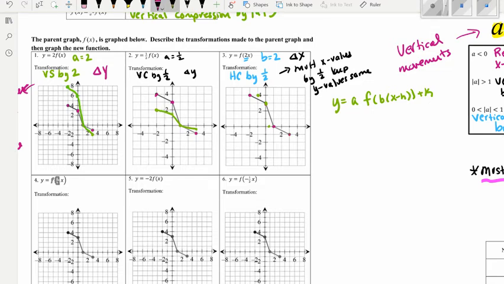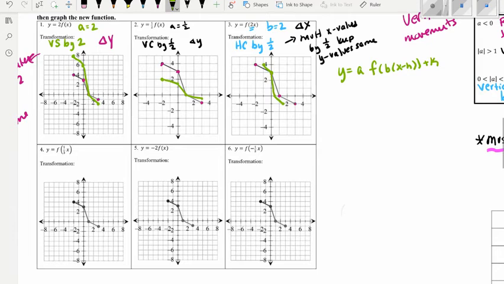So that means that 3 times a half, or 3 divided by 2, would be 3 halves, or 1.5. So notice that the y values stayed the same. We just changed our x values. So that's a horizontal compression by half.